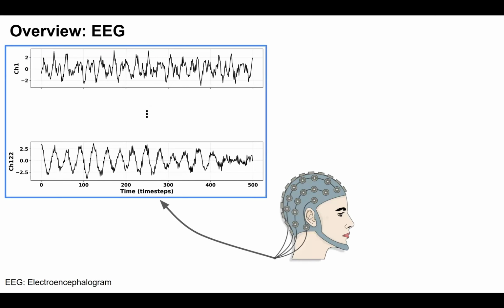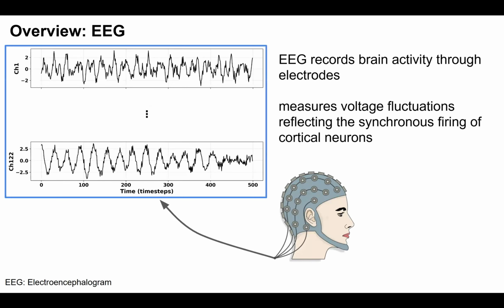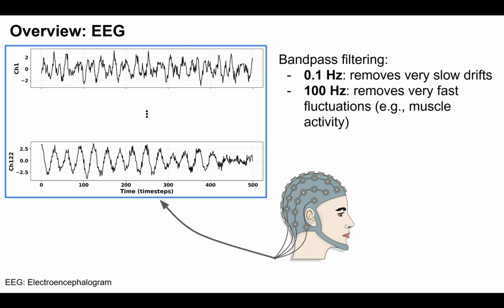So EEG, or electroencephalogram, records brain activity through electrodes on the scalp, and basically it measures the voltage fluctuations, reflecting the firing of neurons in the head. For any EEG data, there are some pre-processing steps, including band pass filtering.